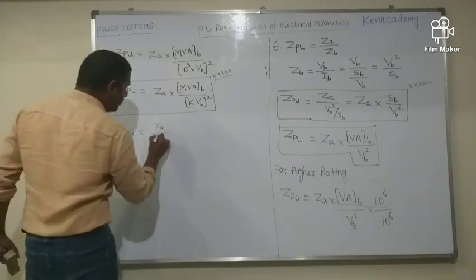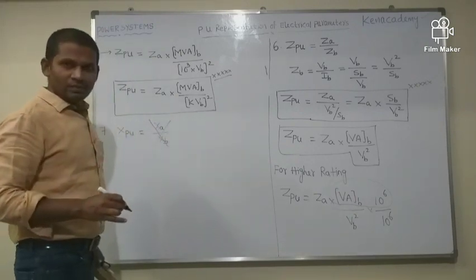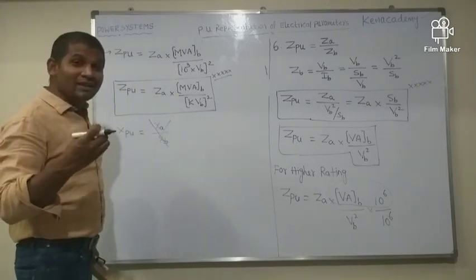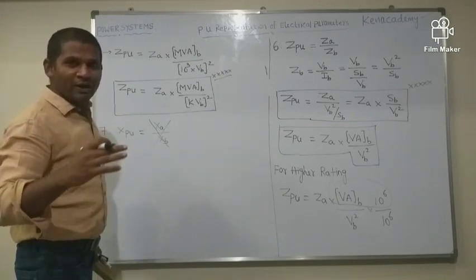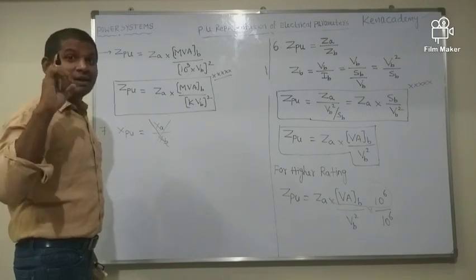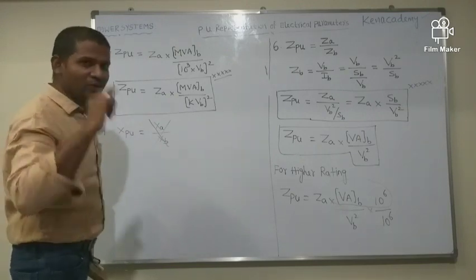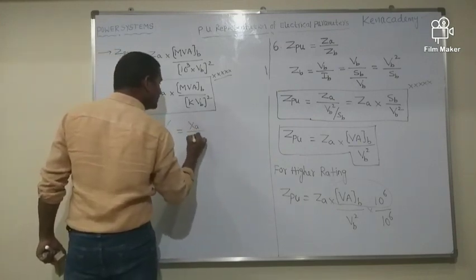Don't take a base reactance. If you write like this is absolutely wrong. Wherever you are representing per unit, that is ohm is converted into per unit, always you take, which is the base? Impedance is the base.